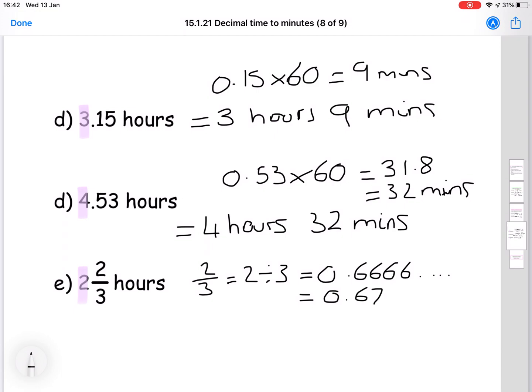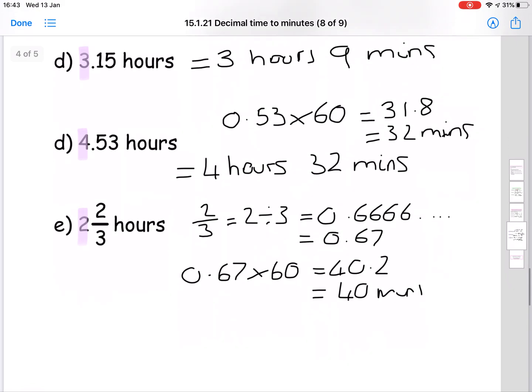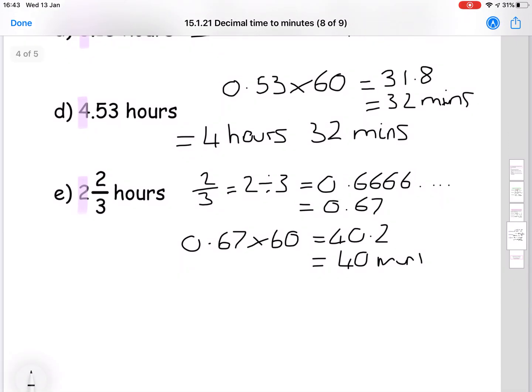That is then the decimal that you'll need to change into minutes. So we'll do 0.67 times 60, and your calculator is going to give you 40.2, so we would just make that 40 minutes. So your total here for this one, we have 2 hours and 40 minutes.